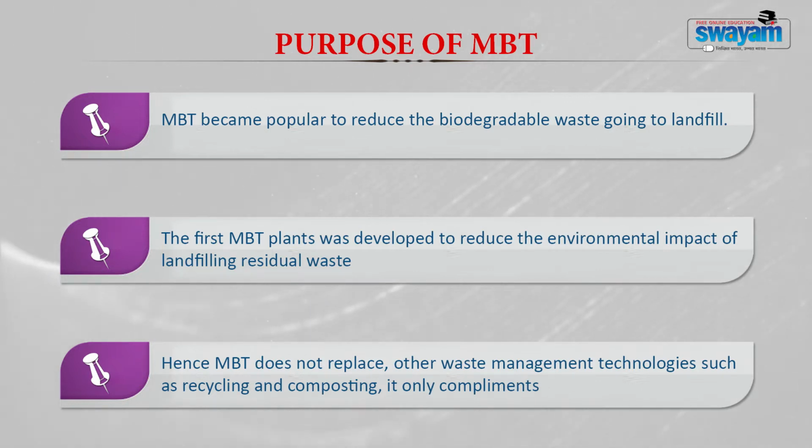Complements, in the sense of performance: this system is developed to increase the performance of the waste management system, not to replace any processing or treatment process. Now, the typical aims of an MBT plant are, one, to pre-treat the waste that is going to the landfill.